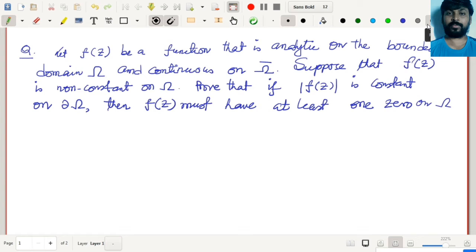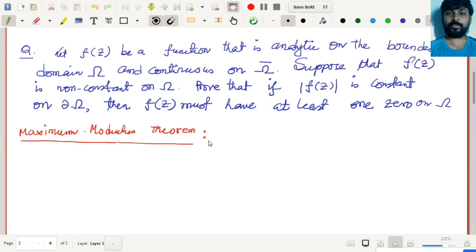So first we state the maximum modulus theorem. This problem is an application of the maximum modulus theorem.